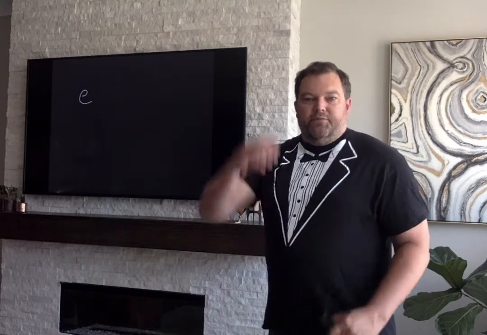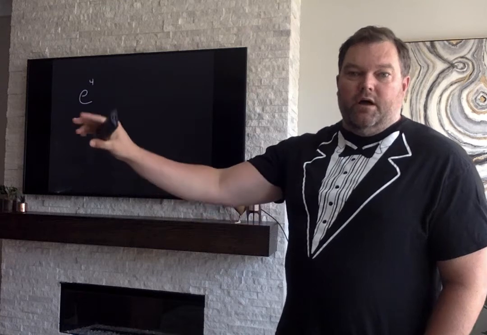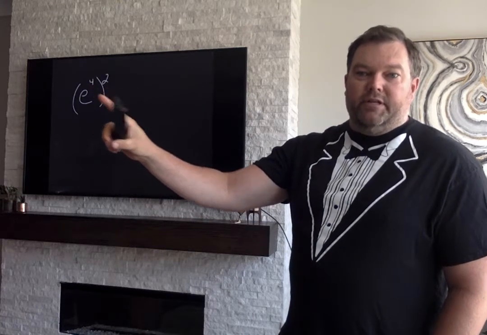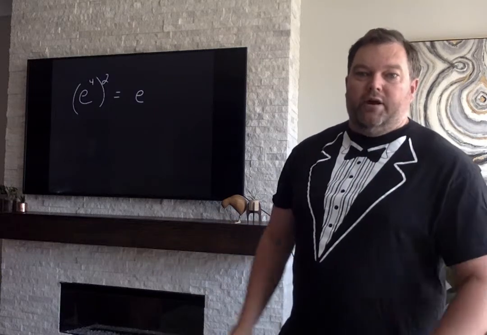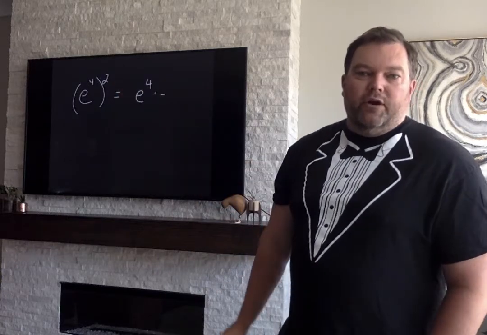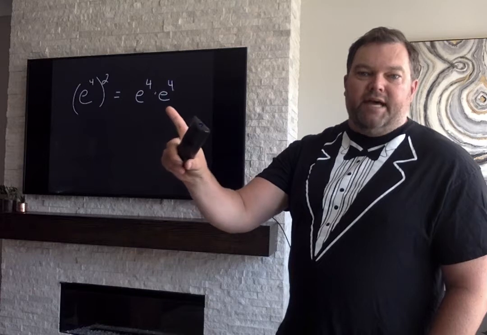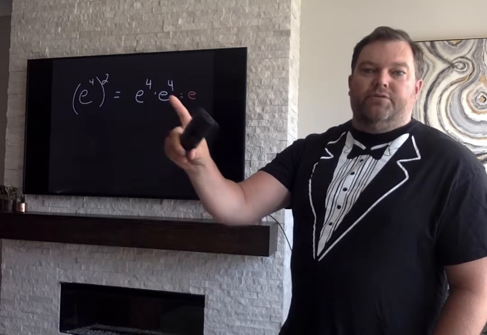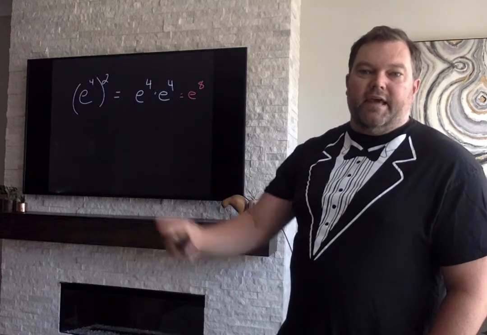So what's another type of thing that can happen with exponents? Well, sometimes you have an exponent raised to another exponent, like this, e to the 4th squared. Well, again, think of what squared means. That just means something times itself. So e to the 4th times e to the 4th, add those exponents, that's e to the 8th.